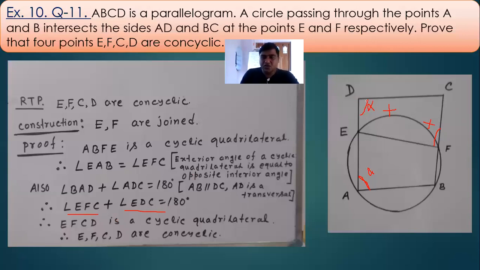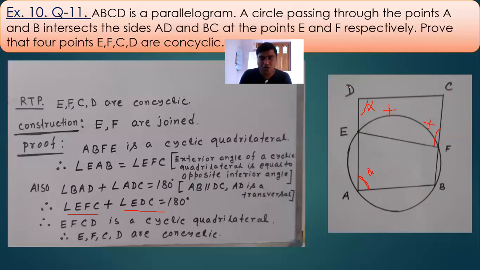But in this quadrilateral, these two angles are opposite angles and the sum of the two angles is 180 degrees. So therefore, EFCD is a cyclic quadrilateral. So therefore, E, F, C, D are concyclic.